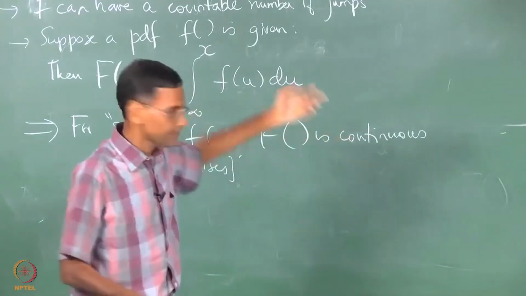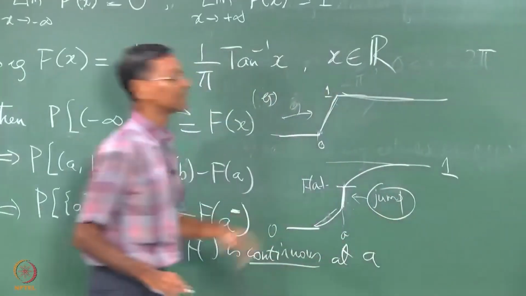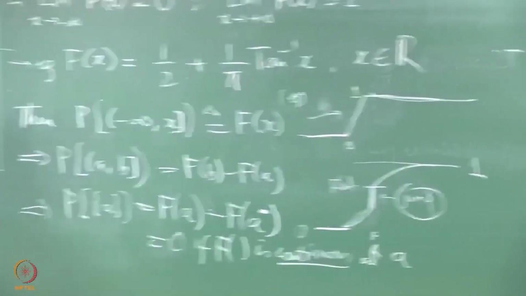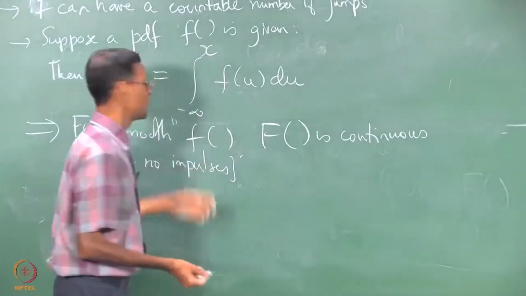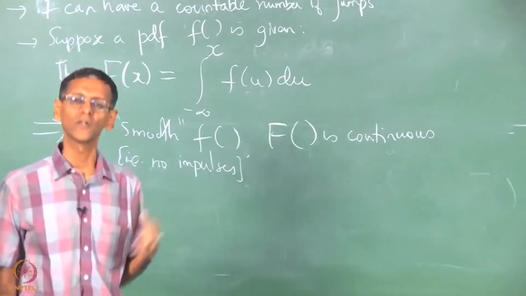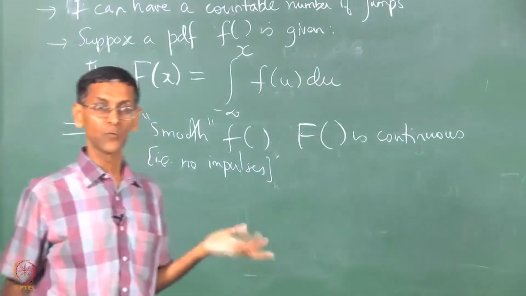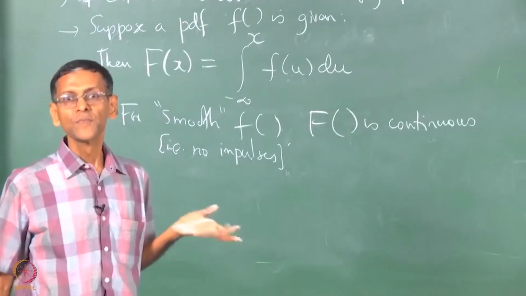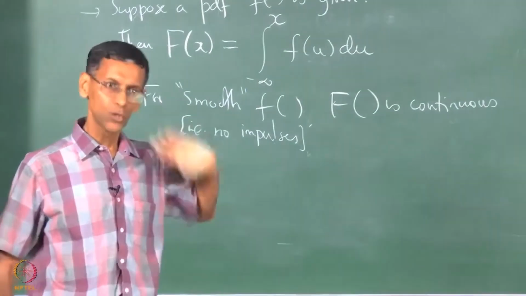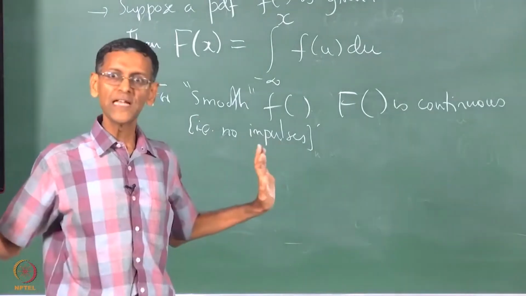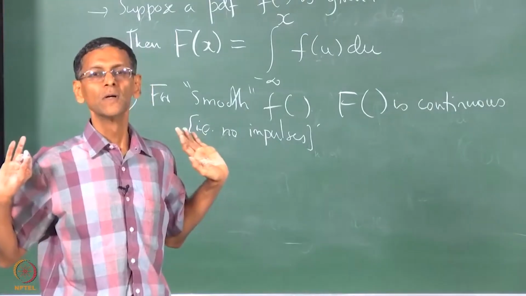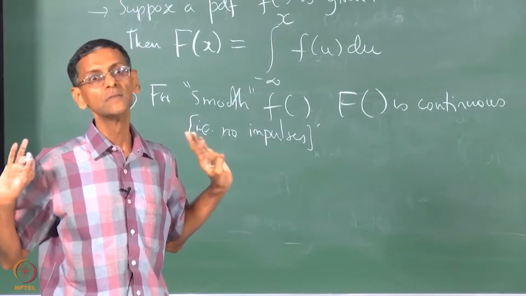If you want jumps like this, some textbooks do in fact allow impulses, but impulses cause more trouble than they are worth. So there are good reasons not to bring them in. So we will use PDFs only for continuous CDFs.